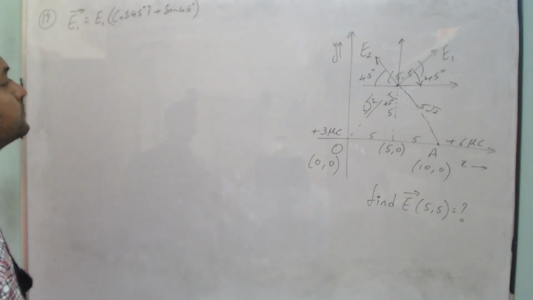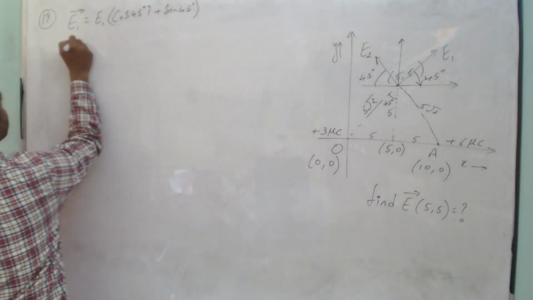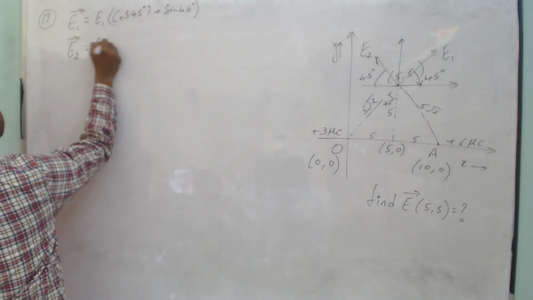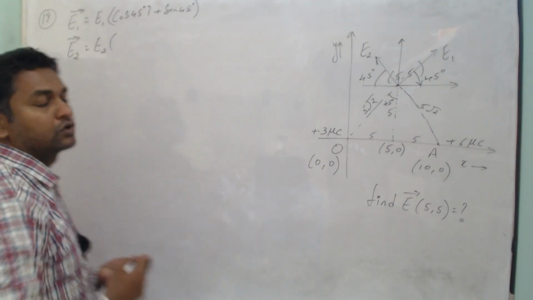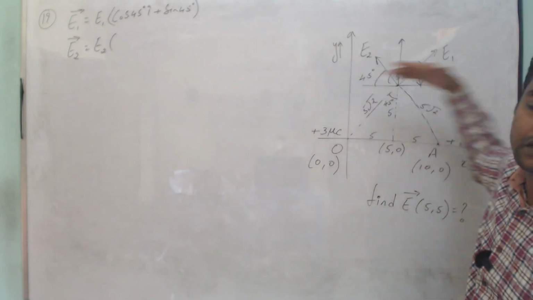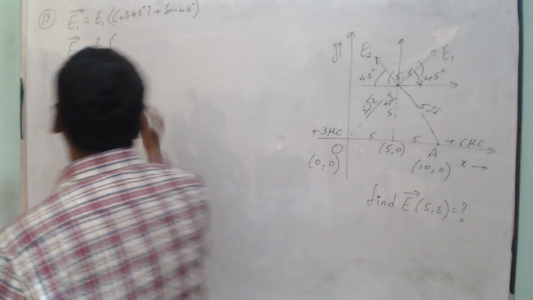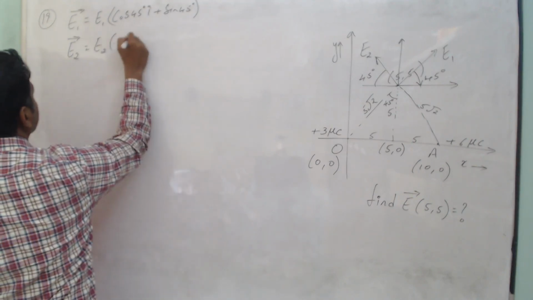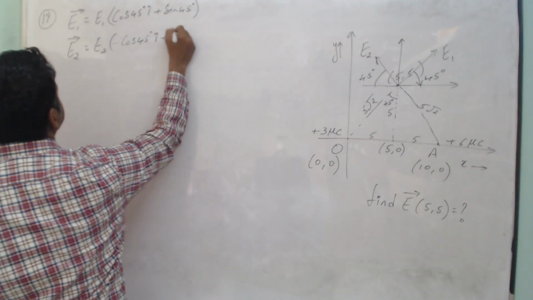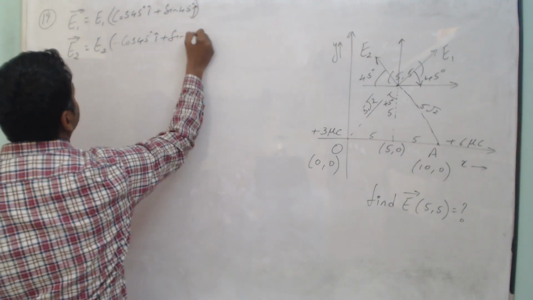Similarly, if you look at E2, the vector form E2 bar, I can write it as the magnitude E2 times minus cos 45 I cap plus sine 45 j cap.